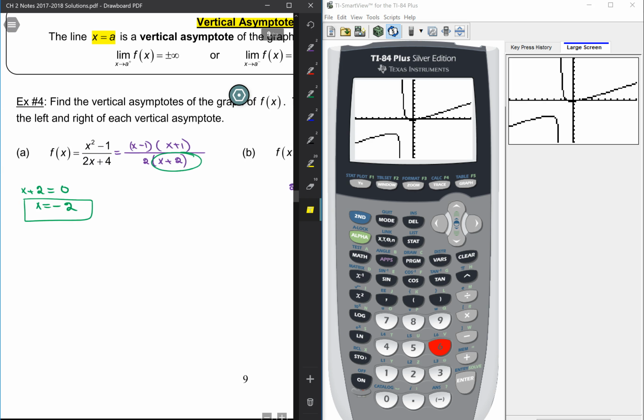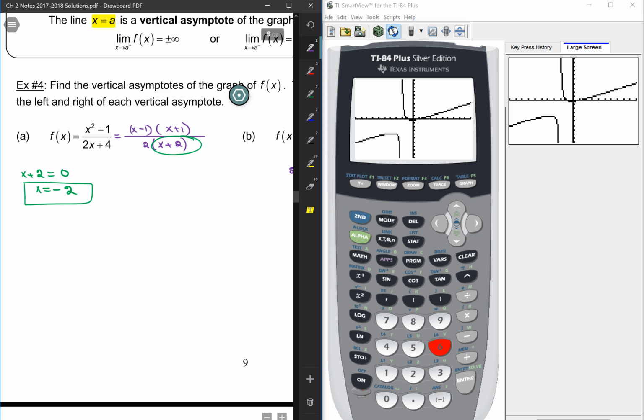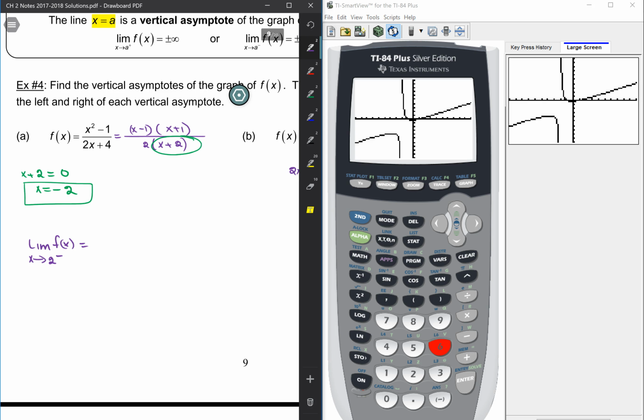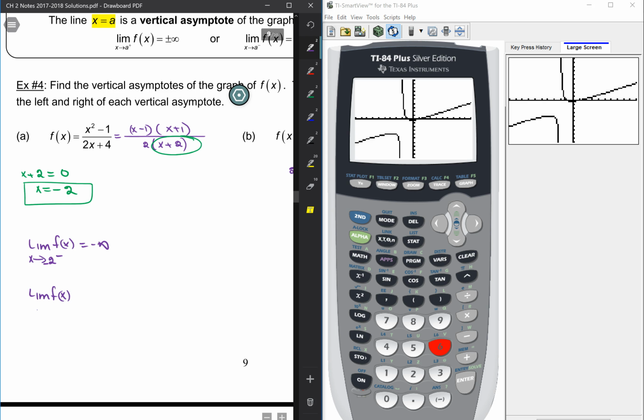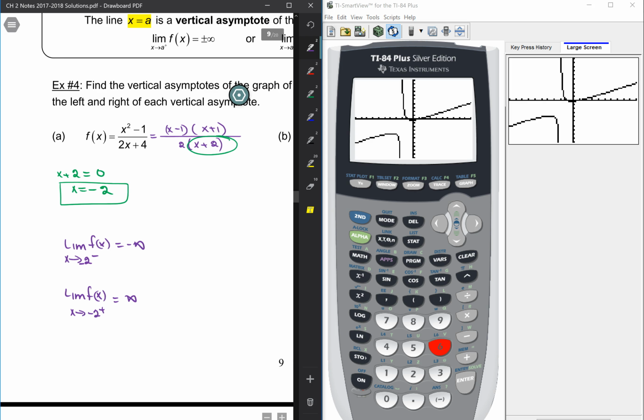Here, the limit of f of x as x approaches -2 from the minus side is negative infinity. And the limit of f of x as x approaches -2 from the positive side is positive infinity. This is what it talks about when it says describe the behavior.